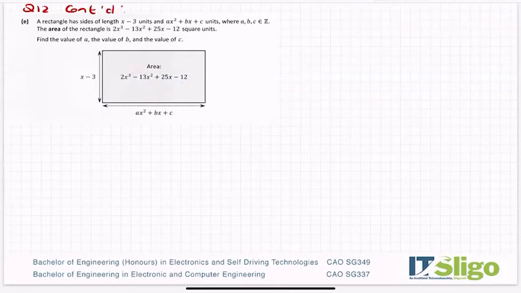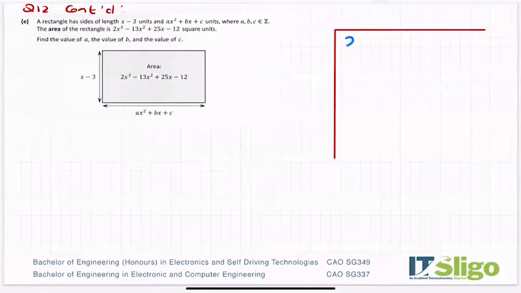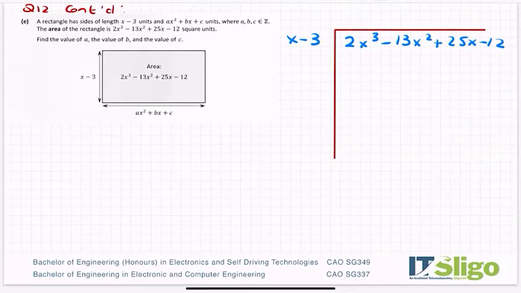I'm dividing 2x cubed minus 13x squared plus 25x minus 12 by x minus 3. Make sure you look back on the 2019 or 2018 question.